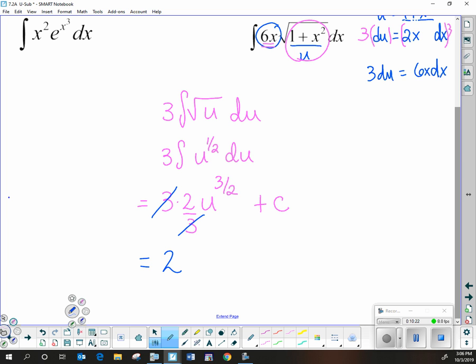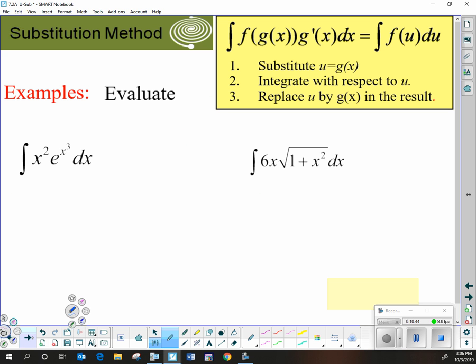I have 2 u to the 3/2, but our u, I look back at my u substitution workspace, and I notice that u was 1 plus x squared. It is raised to the 3/2 plus c. There's our answer. Our original function would have started there, or the antiderivative is that.